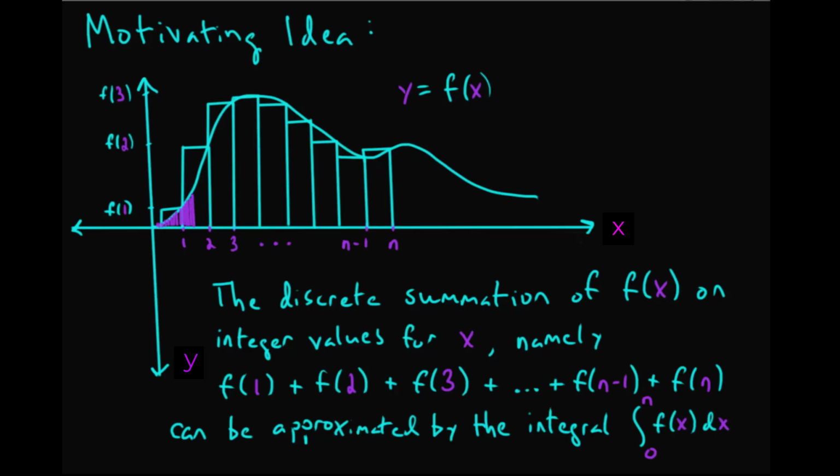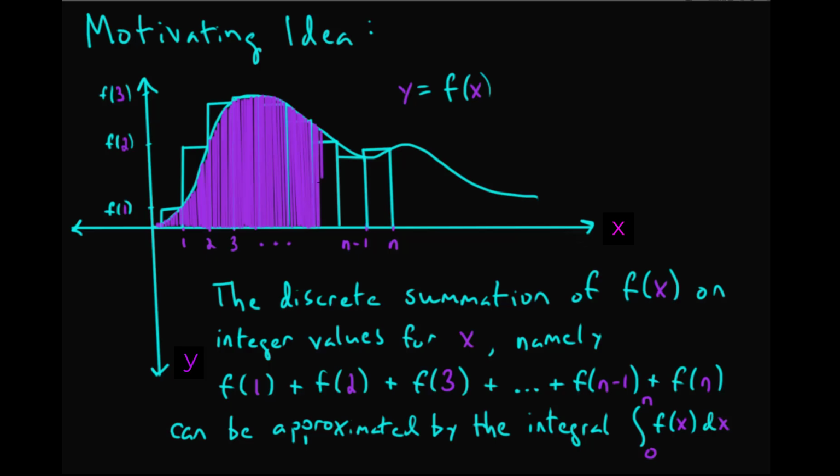And so the concept of the Riemann integral is to make those rectangles smaller and smaller and add up more and more of them, and that in the limit, adding up infinitely many of these tiny rectangles will give us the Riemann integral. So in a sense, the Riemann integral is the continuous summation of the values of the function f of x, in contrast to this discrete summation where we just add up the values of the function on the positive integers.